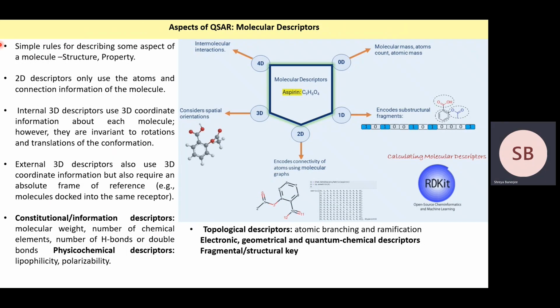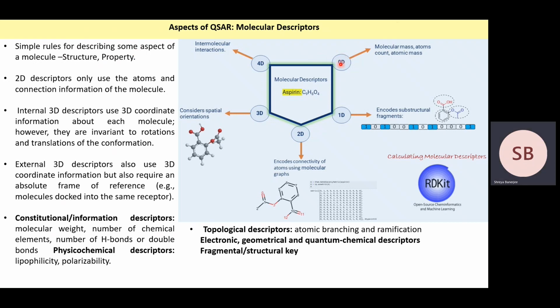There are several aspects of QSAR which we'll go through one by one. Firstly, our molecular descriptors. These are simple rules for describing some aspect of a molecule, maybe its structure or its property.